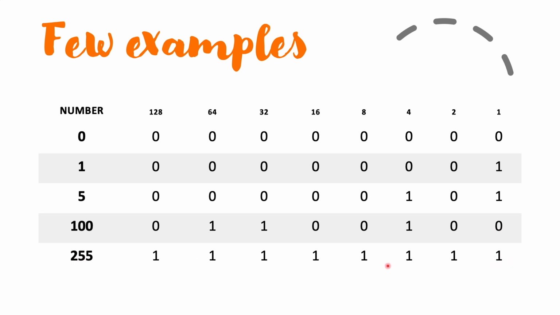Now as you see, all the values are 1, so this is the highest that can be represented using 8 digits in this system. Now each of these digits is called a bit, which stands for binary digit compressed together, and 8 bits taken together is called a byte.